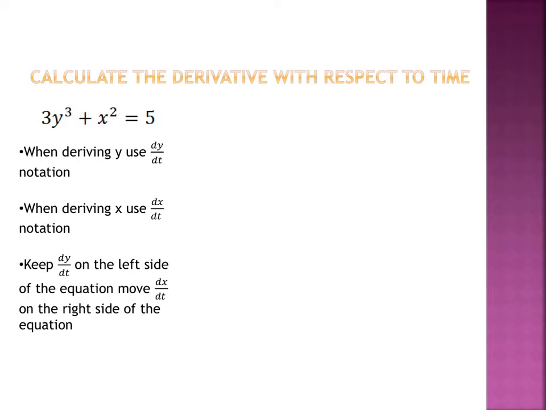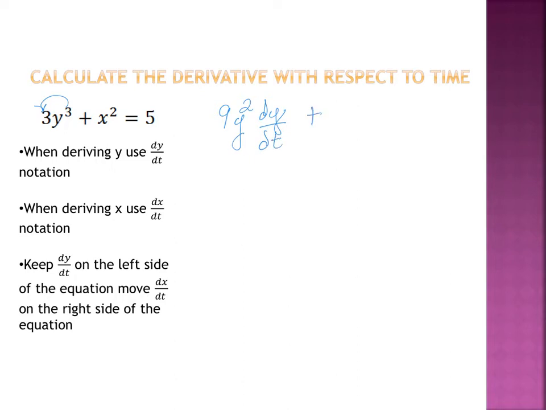So when I derive this function, I'm going to use my power rule. And so I multiply the power 3 times the 3 coefficient, and I get 9y squared. Because I derived y, I show delta y, the change in y, over delta t, the change in time.